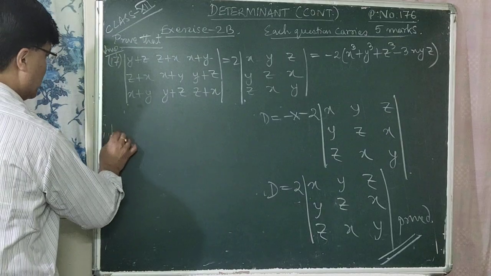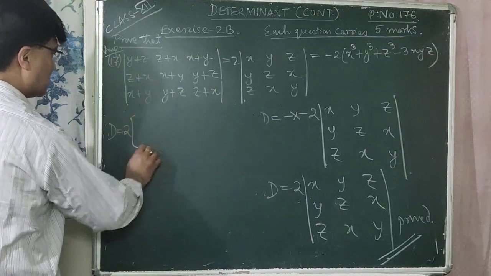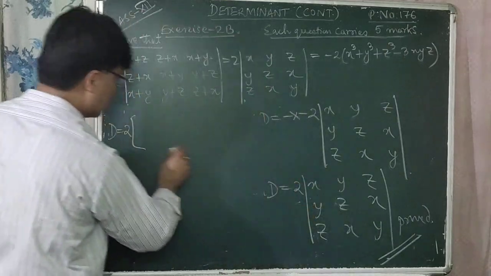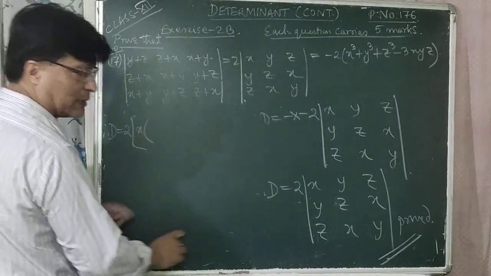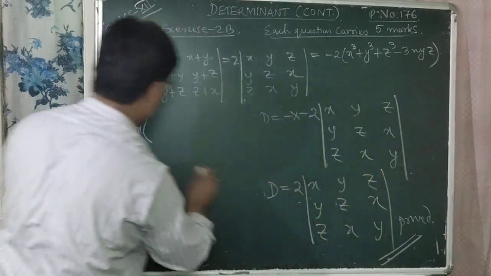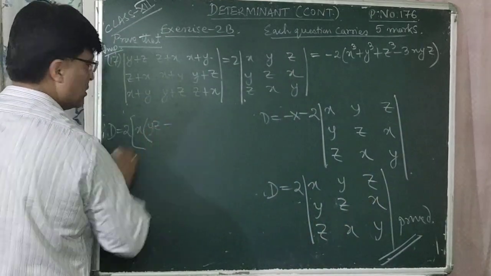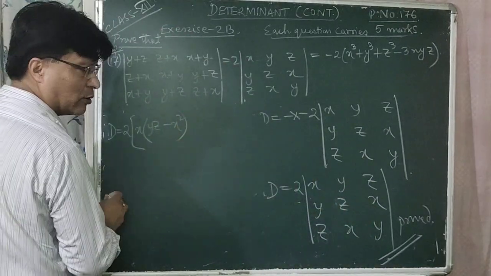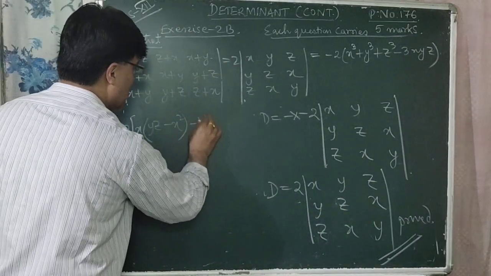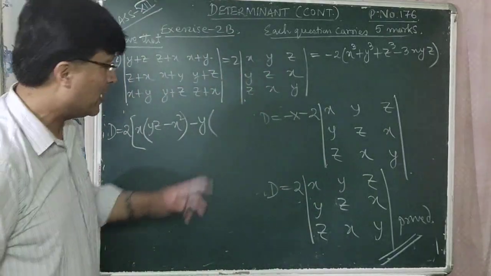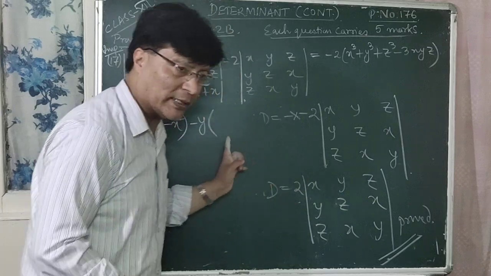So therefore D is equal to twice. Let us expand it with respect to the first row. First row means plus x, write down x within bracket, delete the row and the column through the element. So it is z into yz minus, x into x square, bracket closed. Then comes minus y, isn't it? Then according to the rule you have to write minus y.